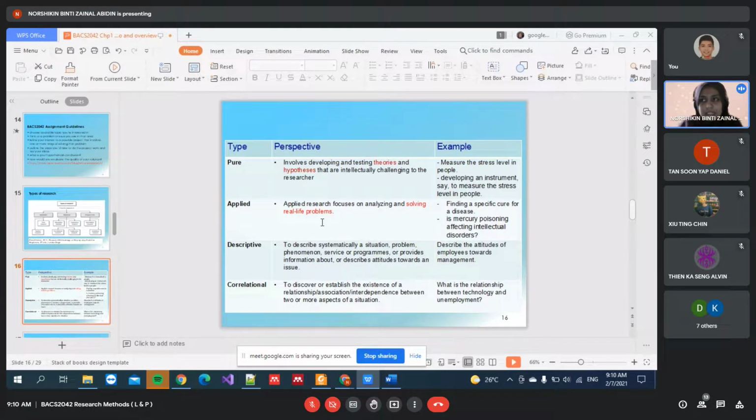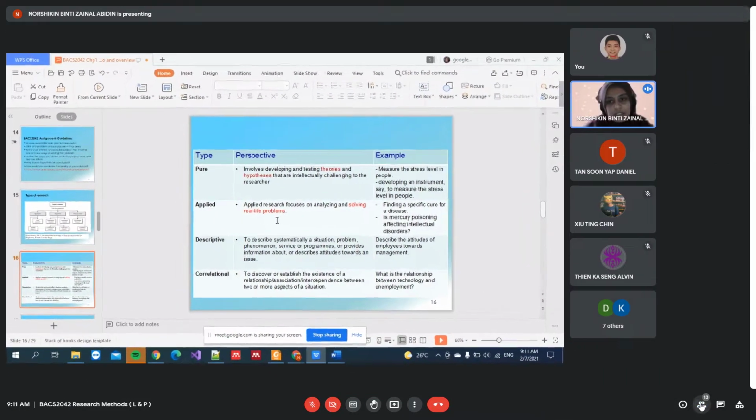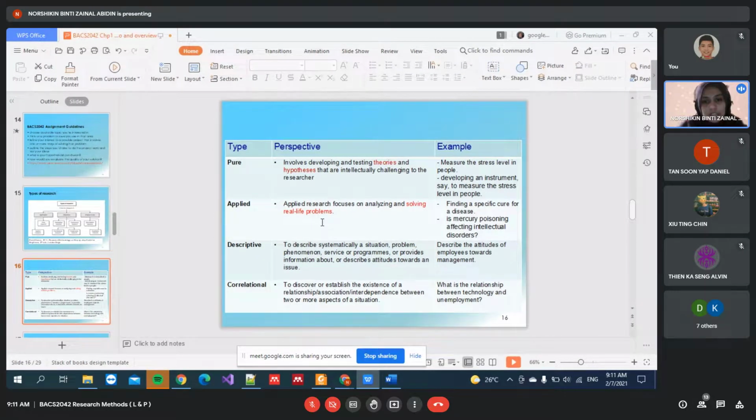Another example is the effect of gaming with the learning application. So the aspects that you want to see the relationship between are gaming and the learning application. That is the correlational research.